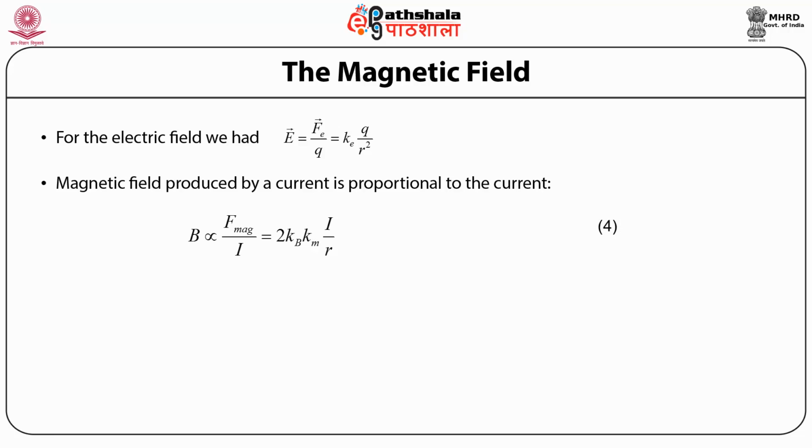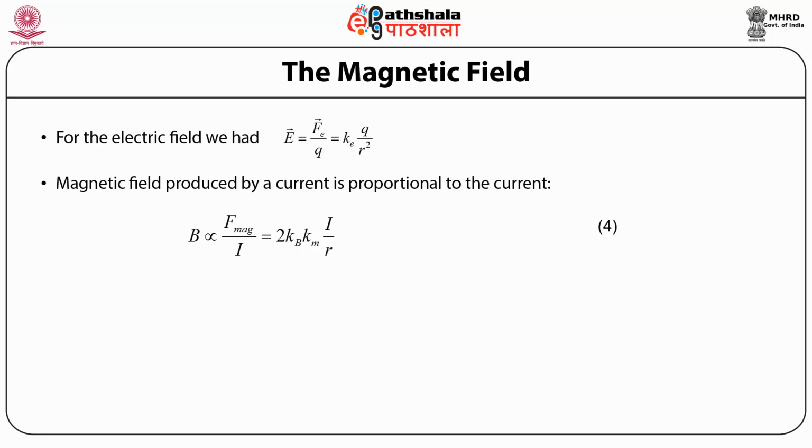So B is directly proportional to F mag divided by A, which is equal to 2 Kb Km into I by R, where Kb is another proportionality constant to be chosen arbitrarily. Once the dimensions and units of Kb are chosen, those of B are fixed.